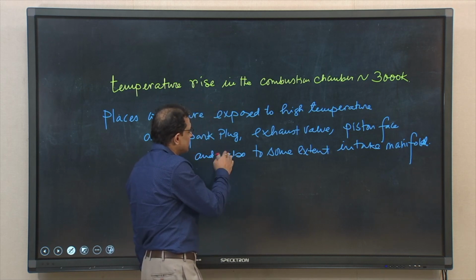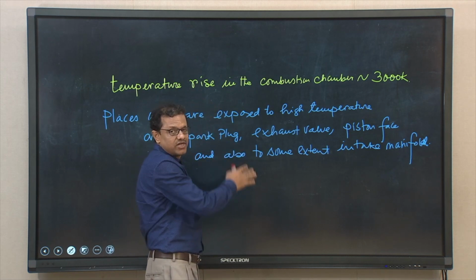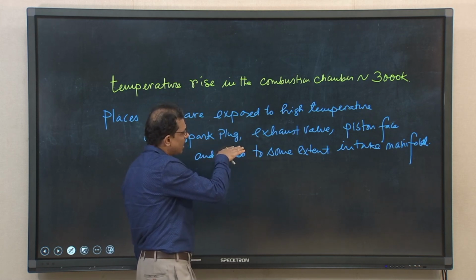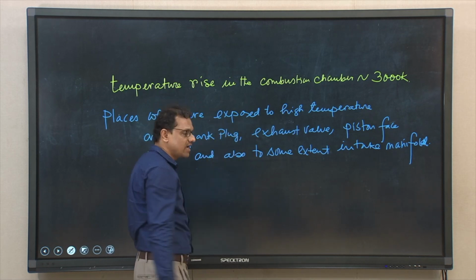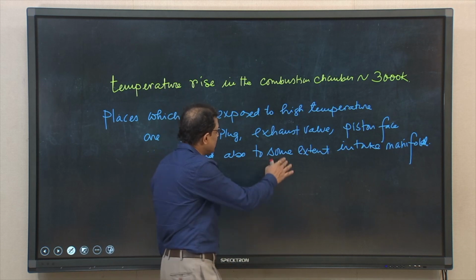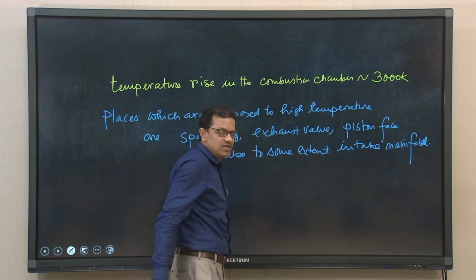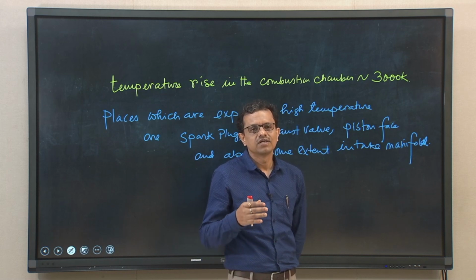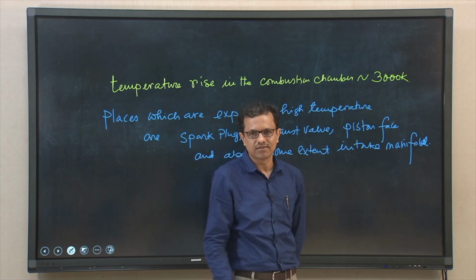We really cannot have any supply of coolant, so that we can remove heat from these surfaces. So, these surfaces have very high temperature, and removing heat through them is not so easy because of lack of integration of the cooling system.